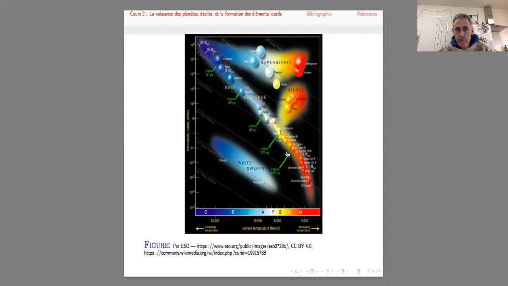So if we look up, we should find the sun, and there it is. And if we look over here, we see that that's 1 unit. Well, what's the unit of luminosity? It's the solar luminosity. So that is indeed the sun. The sun is on the main sequence. This is the main sequence here.